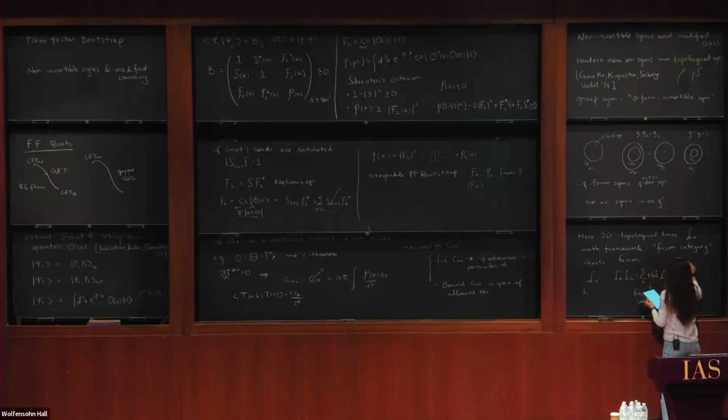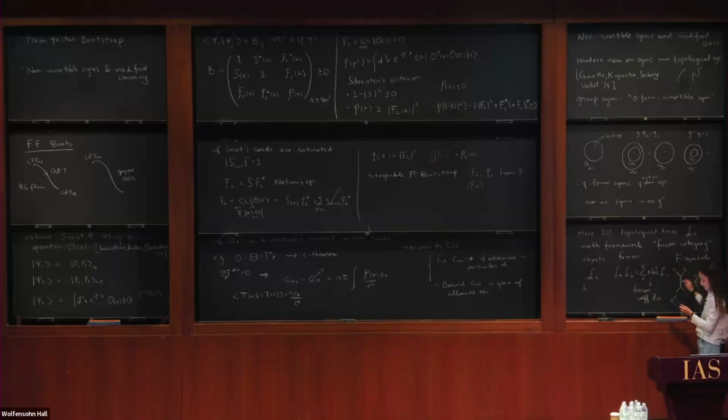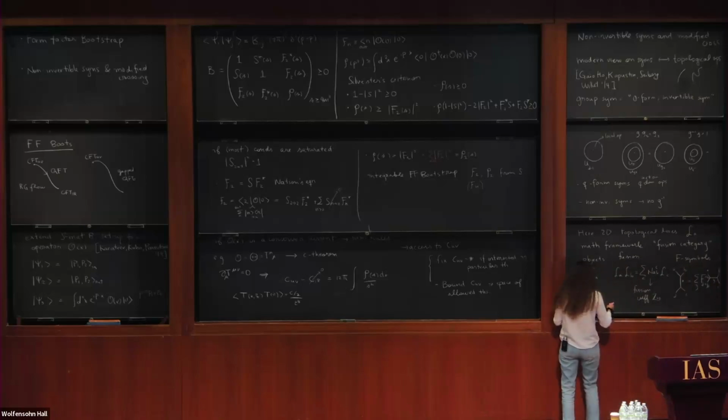There are also something called F symbols, which tell you how you can fuse things in different ways. Okay, we put some labels, A, B, C, sum over Y. And this has all these labels. Sorry, I'm out of space. These also need to satisfy some other properties.